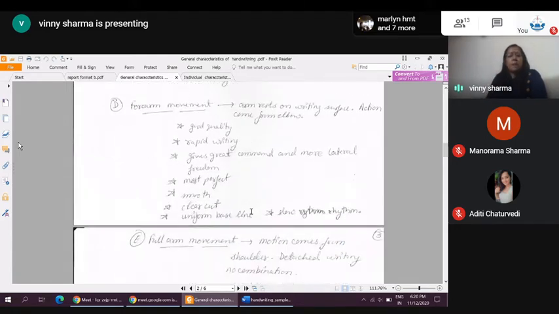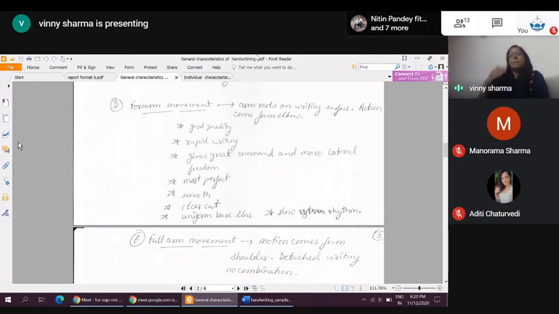Then comes your forearm movement. In some places, authors will write it as the elbow movement. Forearm movement is basically when the motion is coming from your elbow. So when your elbow is moving, you can see that you are able to cover at least a semicircular type of distance. So now what will happen?